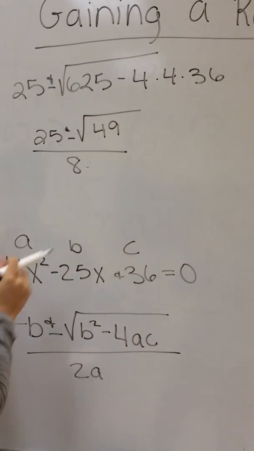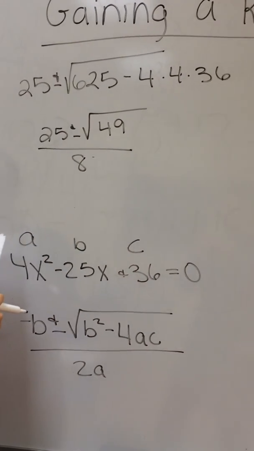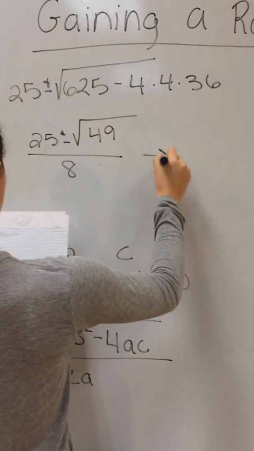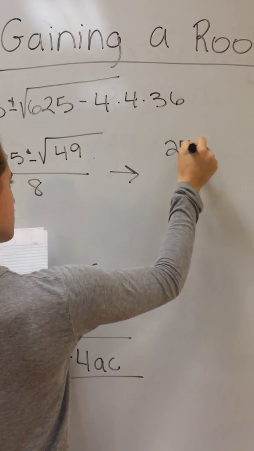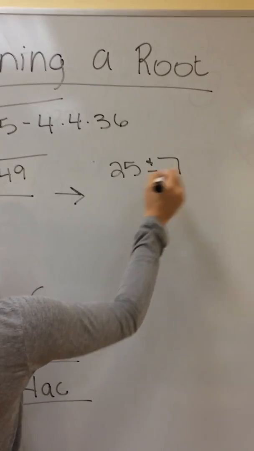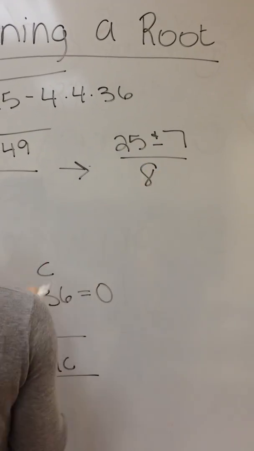Then you simplify that, and it becomes 25 plus or minus 7 over 8.